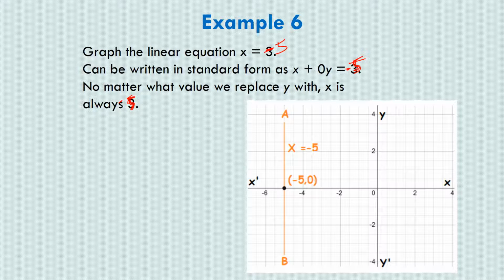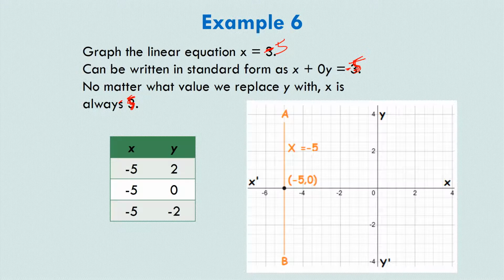And so here's an example of what happens here. So if I have x is negative 5, 2, x will be negative 5, 0, negative 5, negative 2. No matter what, the x is going to be negative 5. So when it's x equals a number, it makes a vertical line.